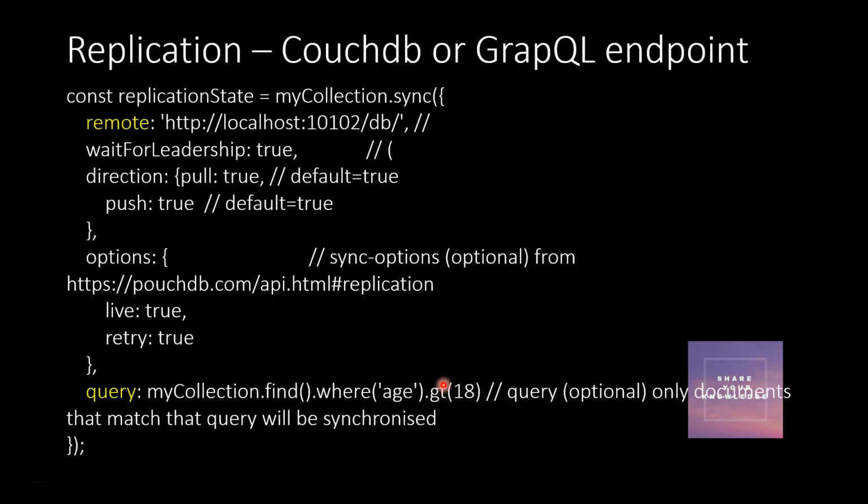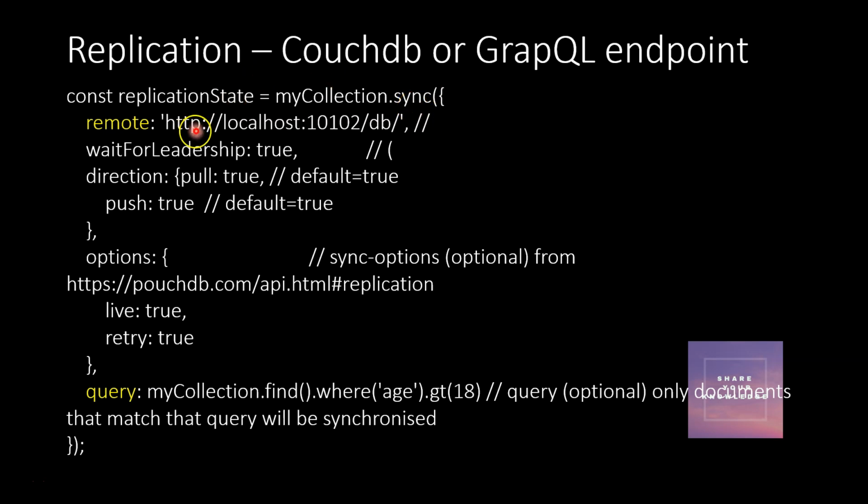The next thing is replication. Many would have heard about offline first. Suddenly your client is seeing data on your website, and suddenly the net goes off. What should happen is it should all get saved on the client side in the browser, and once the network comes up, this should update on the server side also. This happens easily in RxDB, because by using myCollection.sync you can easily update.